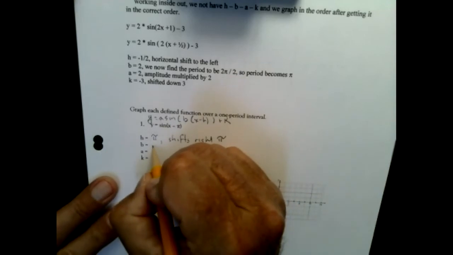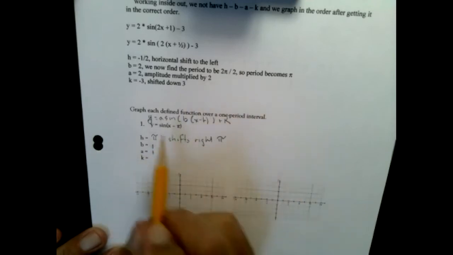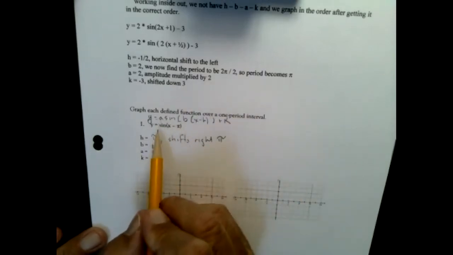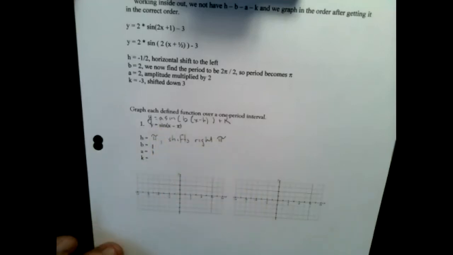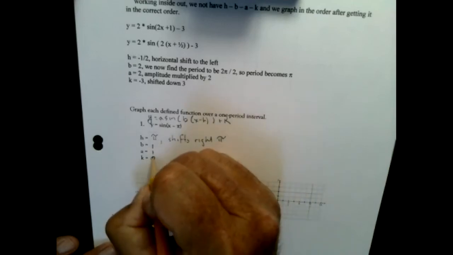My b is 1. Nothing exciting happens there. I'm not changing the period with the b being 1. My a is 1, right out front. What's out front? Just a 1. So it's a number. I want to see 1. And the k, I have a plus 0 on the end.